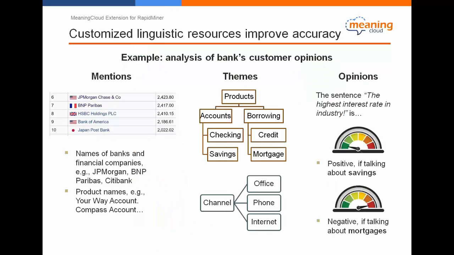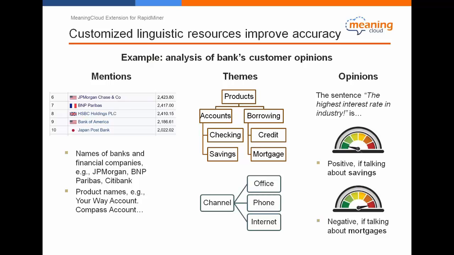Finally, a mention of one of the differentiating attributes of our tools: the one that enables you to get very high quality text analytics. Obviously, text analytics is not perfect.